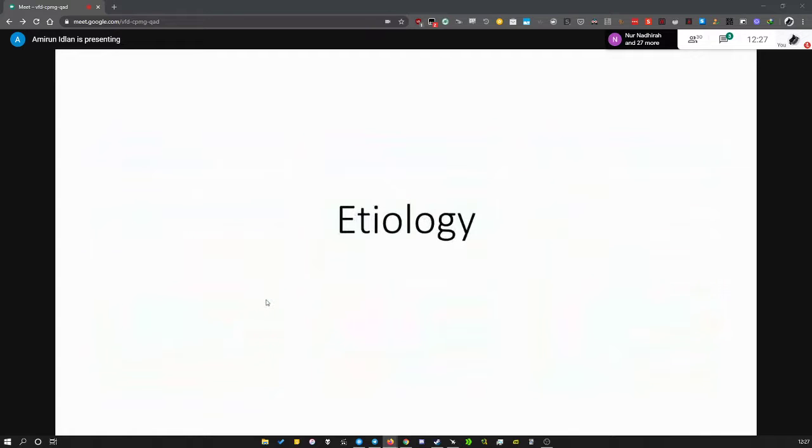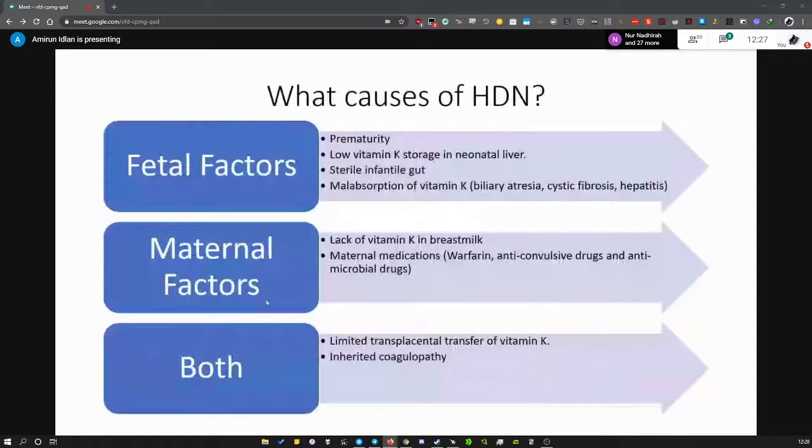Okay, for the etiology, I divide it into fetal, maternal, and also both factors. For the fetal factors, the first is prematurity, because in prematurity there will be low vitamin K, and low vitamin K exposes the baby to vitamin K deficiency bleeding. Also the neonatal liver has low vitamin K storage at that time, so it is also predisposed to hemorrhage.